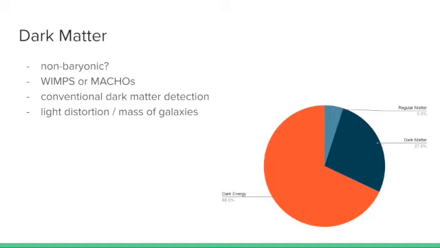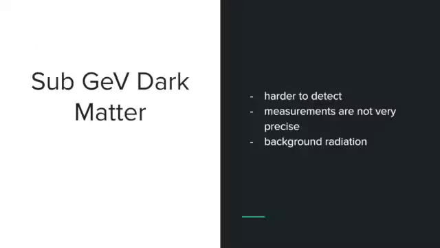Another observational evidence is galaxy clusters, because the mass of these clusters and the shape in which these clusters have formed would not be the way that it is right now in the absence of dark matter. Now, of course, these are all dark matter observations in very, very large scales that affect the distortion of light and the mass of galaxies.